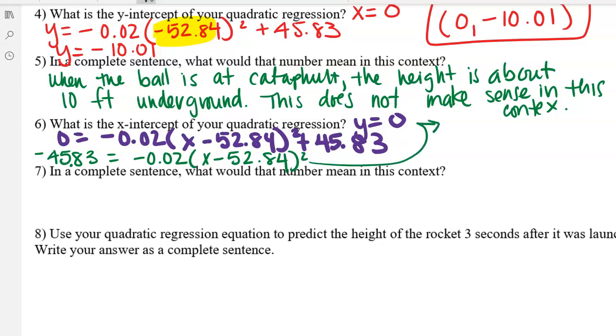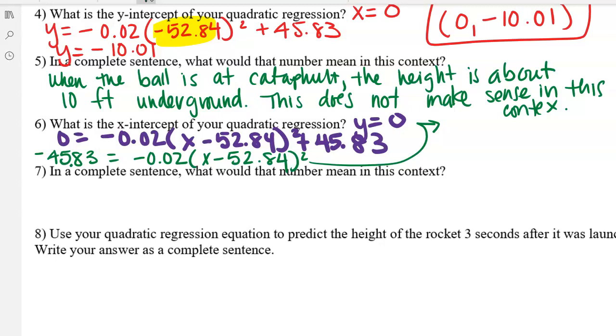Out of space, I'm going to go over here. Next, we are going to divide both sides by negative 0.02. So use your calculator, please. Negative 45.83 divided by negative 0.02. Please share your answer with each other before we are called to answer it over here.